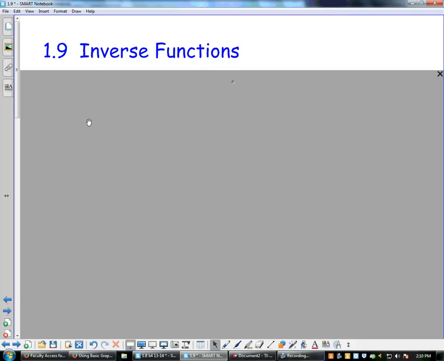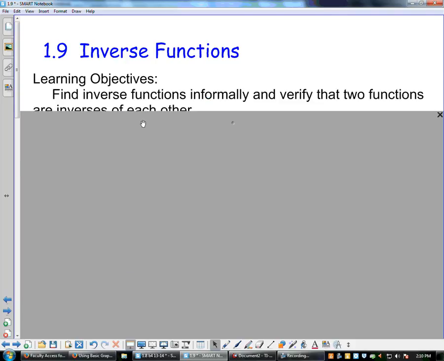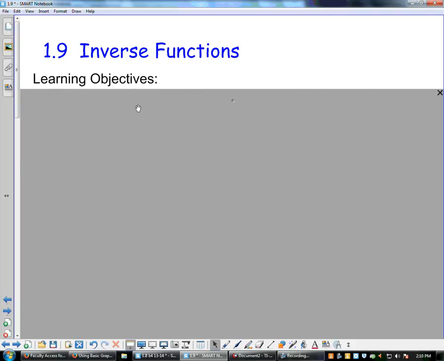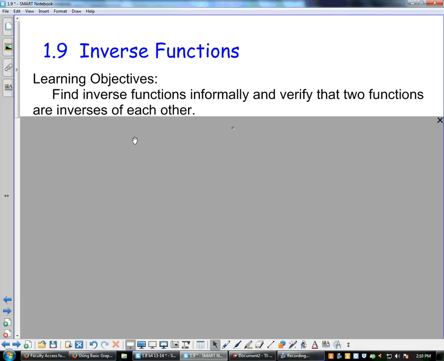Okay, all right, so we're looking at section 1.9, which is on inverse functions, the learning objectives. You do not need to write these down, just look and listen. You need to be able to find inverse functions informally and verify that two functions are inverses of each other.